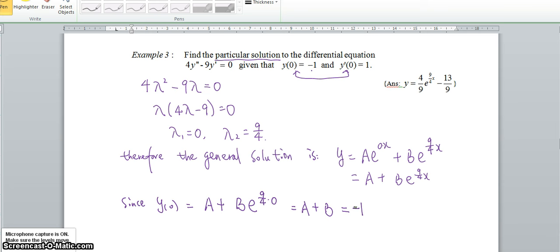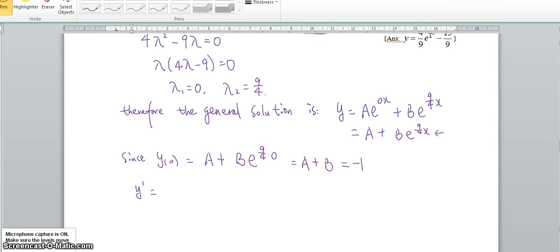Now, the second condition gives us the value for y prime when x is equal to 0. And in order to use it, we have to know what y prime is. How do we find that out? Well, we start from here as well. You have the general solution for y. Then, by taking the derivative of this y, we can find y prime.